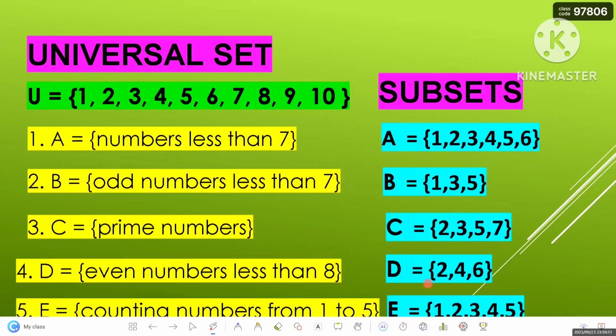Our answers are set E equals 1, 2, 3, 4, and 5. These answers in color blue we call subsets. Meaning, a subset comes from the universal set. So the answers we have, we call the subsets.